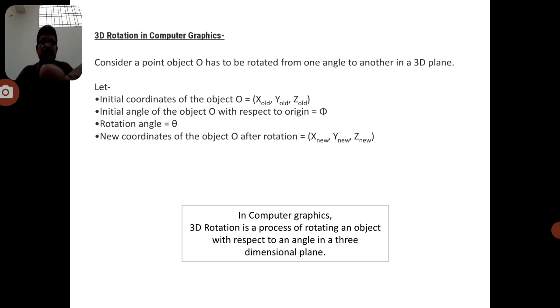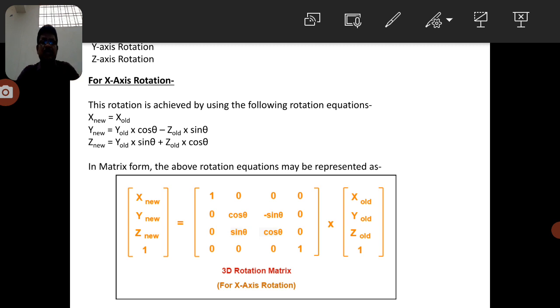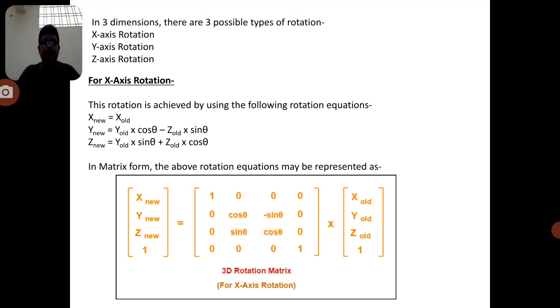Now we are going to discuss the detailed concept of this 3D rotation. Here we can observe that in three dimensions there are three possible types of rotations: the x-axis rotation, the y-axis rotation and the z-axis rotation. So the rotation angle should also be identified based on the x, y and z axes.